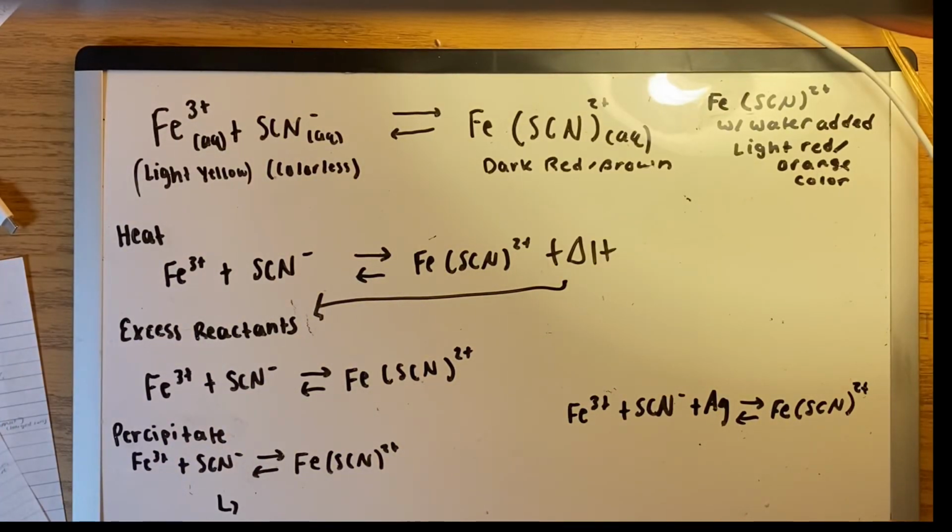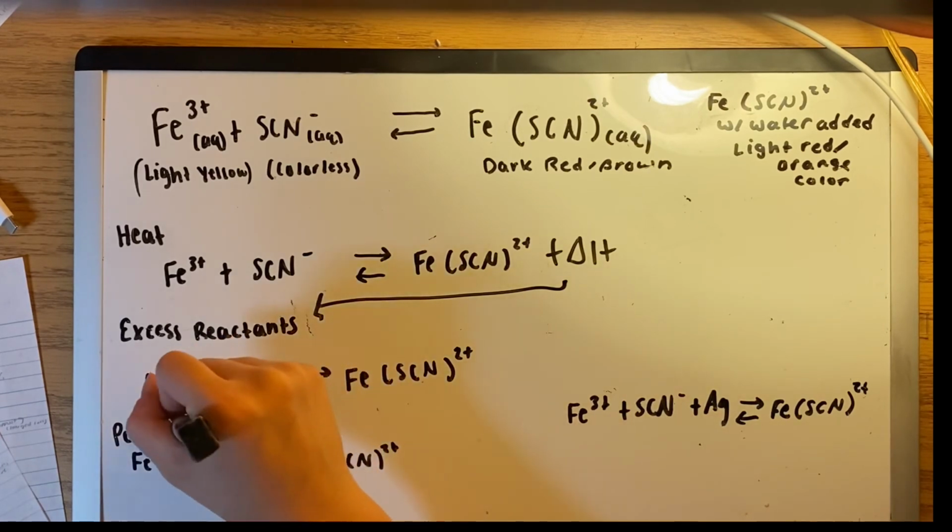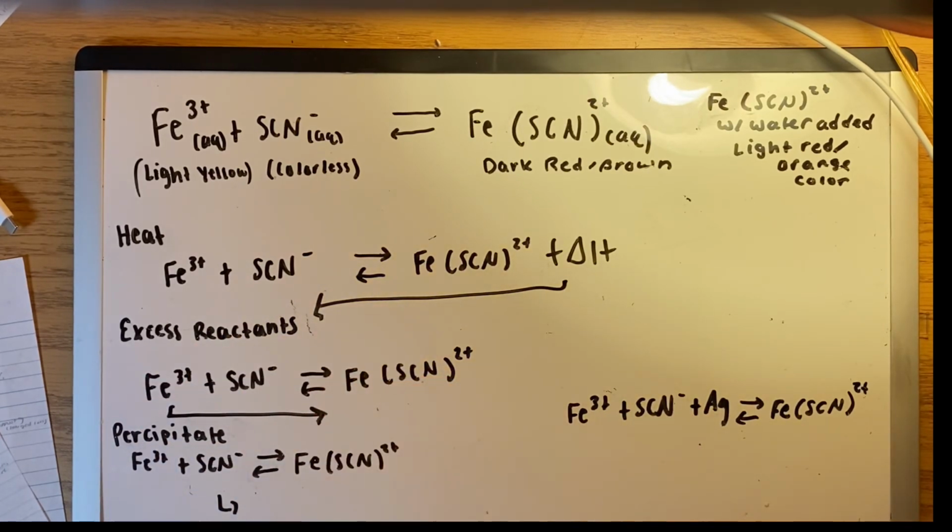The next stress that was applied was adding more iron nitrate and potassium thiocyanate. Based on the observations, the equilibrium mixture of dark red turned to an even darker red when more iron nitrate was added. This is because a reactant is being added to the reaction, so it is going to relieve the stress by using up the added reactants and shifting to the right towards the products.